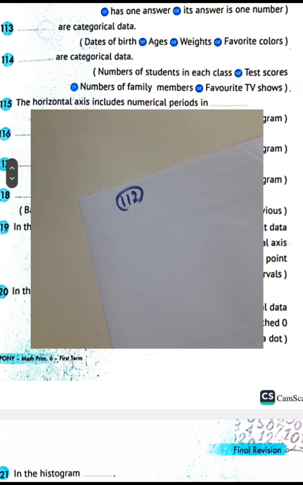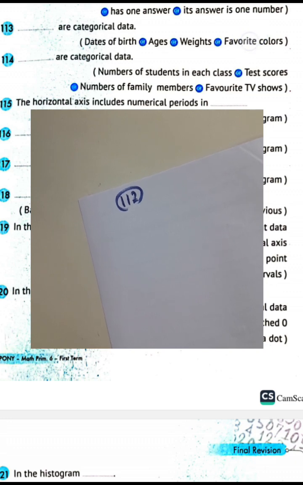Question 113, which is categorical data. Categorical data, we have here favorite colors. Categorical data is letters, but numerical data has a number, like age. So the solution here is favorite colors.